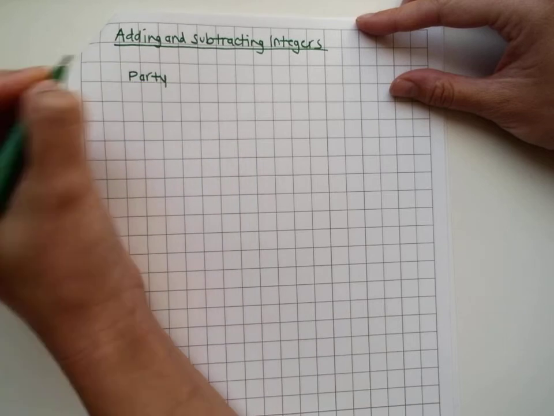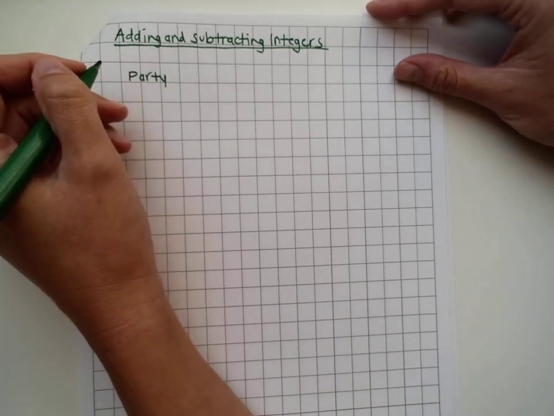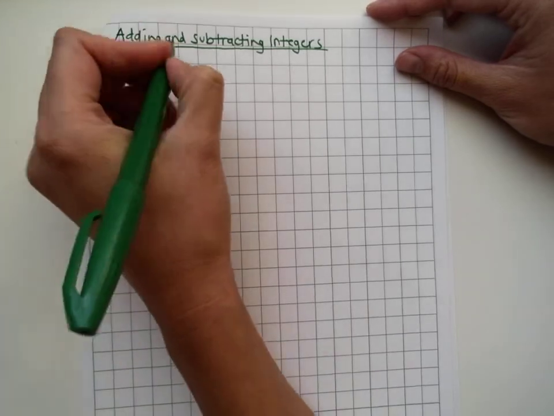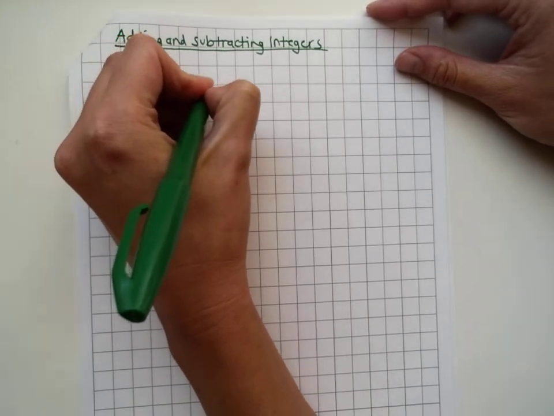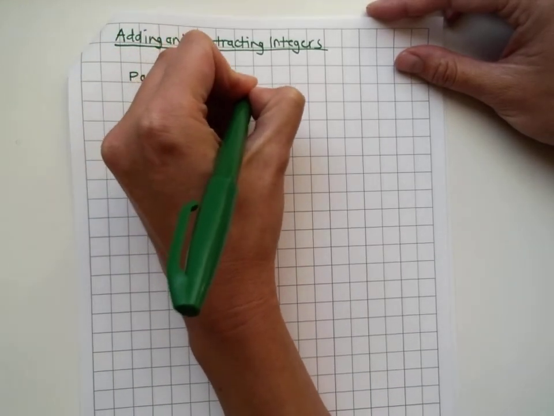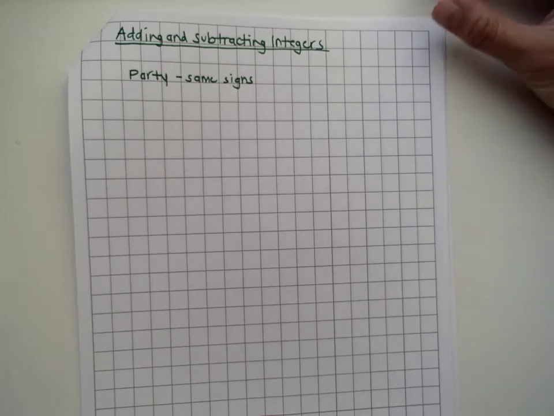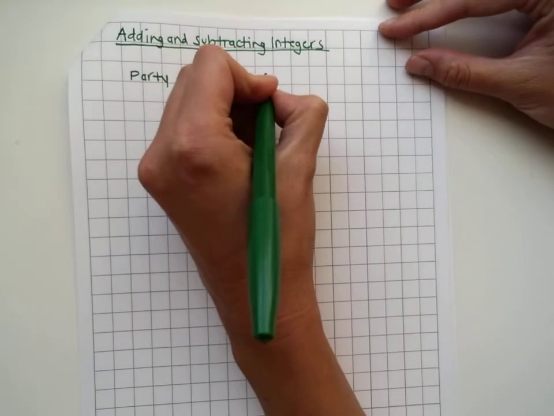So anytime you see adding and subtracting, you would ask yourself, do they party or do they battle? And when they party, it's because they have the same signs. You group together with people that are like you. So positive people like other positive people, negative people group together with other negative people.